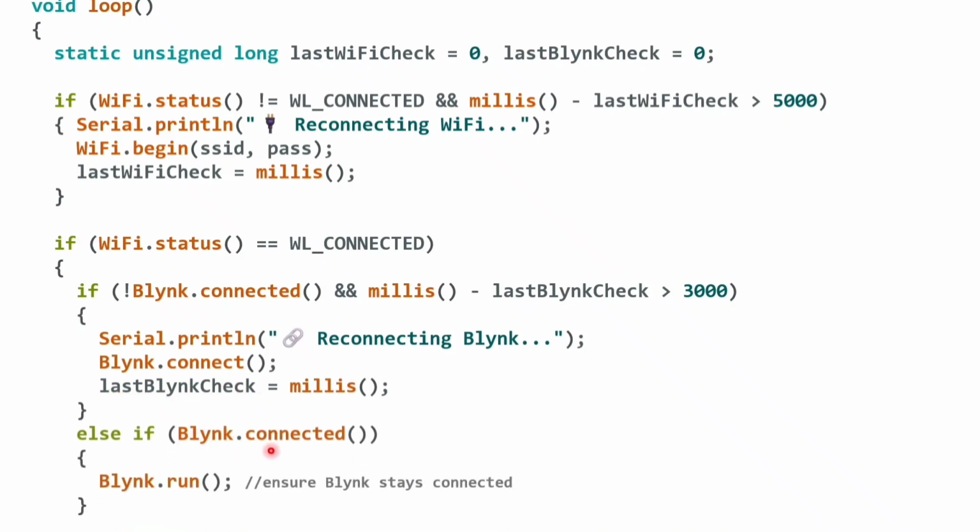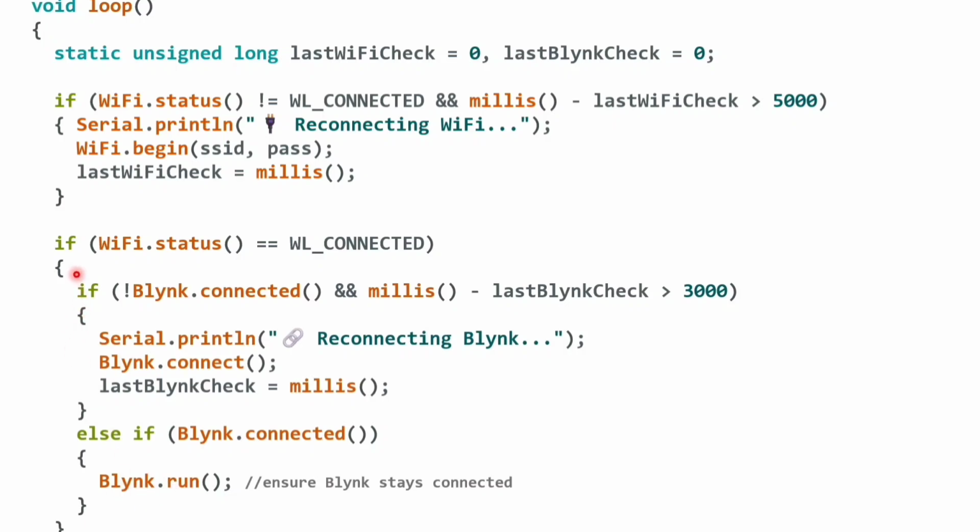Else, if Blynk is connected, then we need to make sure that the connection remains forever. In order to do so, if Blynk is connected, then we have to write this function Blynk.run, which will ensure Blynk stays connected forever.